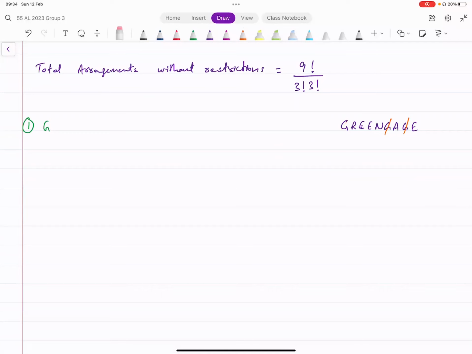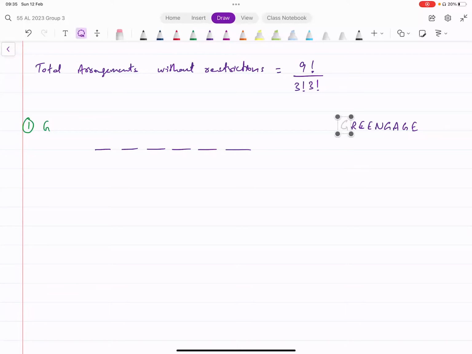Remember how we used to do this? We start with the letters or objects that we do not have to separate. What do we not have to separate? Everything apart from G. So how many places do we have for that? We have 1, 2, 3, 4, 5, 6. This is all letters which are not supposed to be separated.